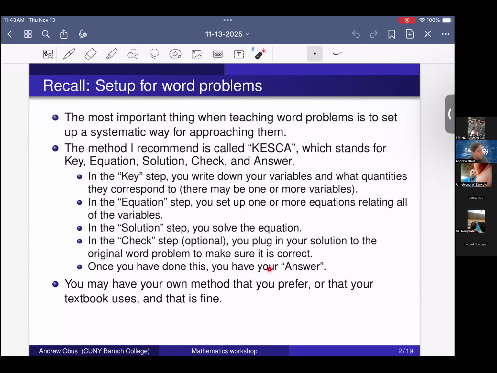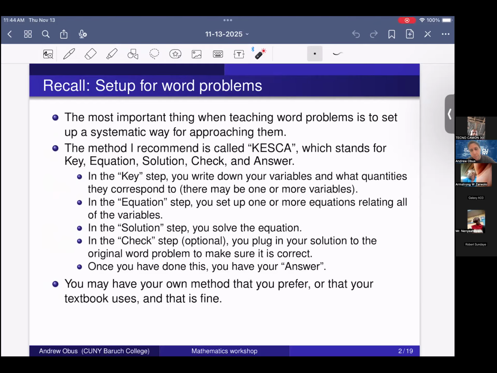And then once you've done this, you have your answer. So these five steps you can basically use for any word problem. And you may have your own method. A textbook may have a different method inside it, but they're all pretty equivalent, and this is what we're going to use in the class today.